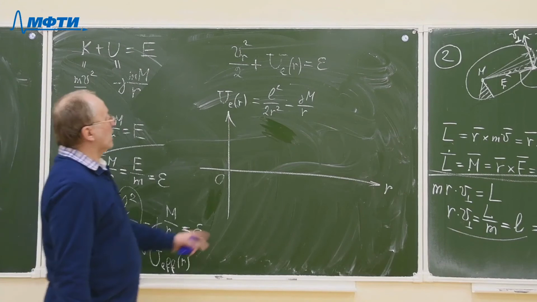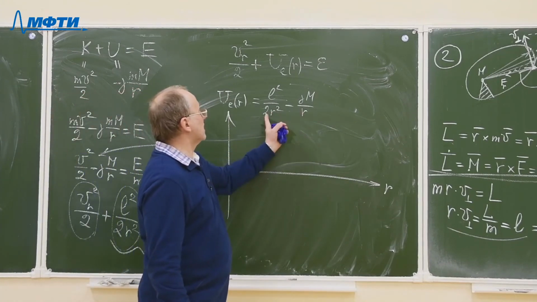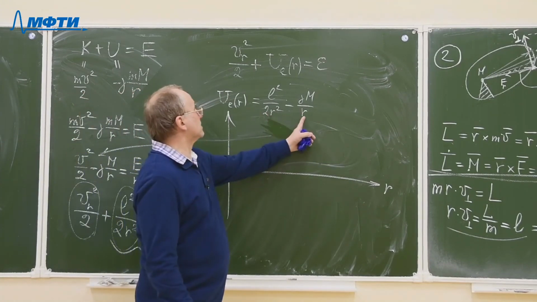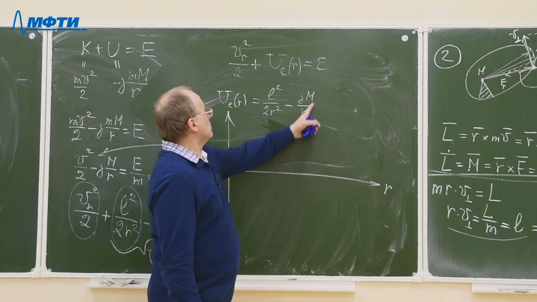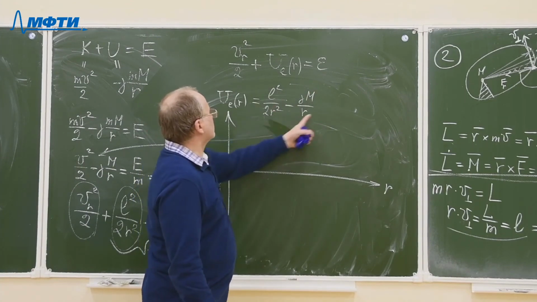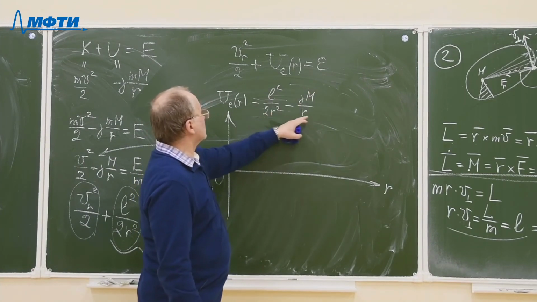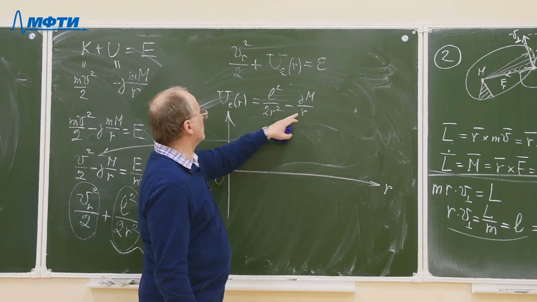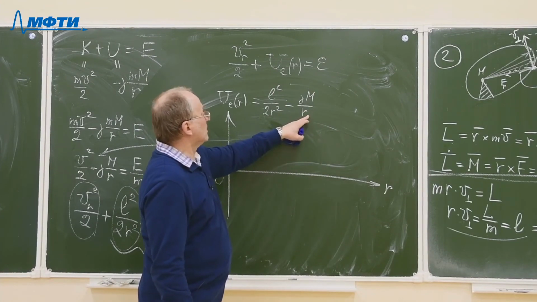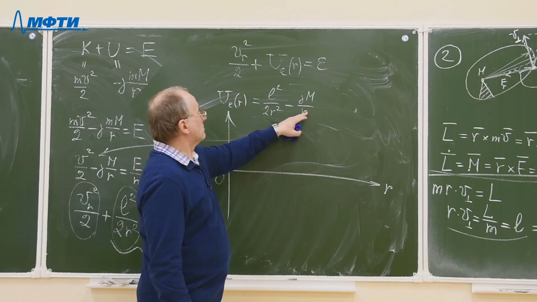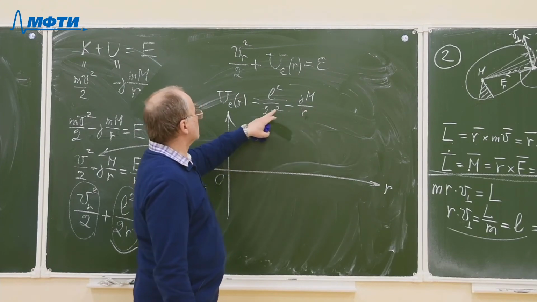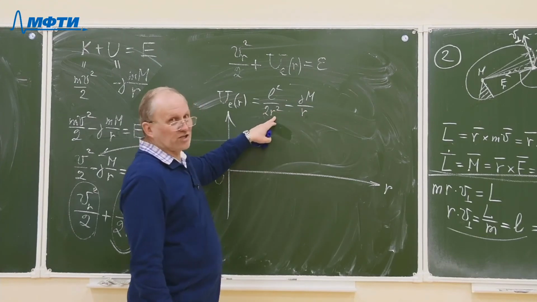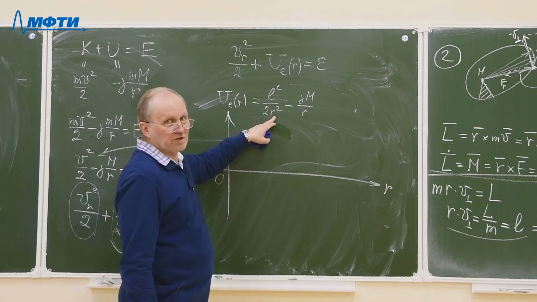What if R is increased? What will happen? If R is increased, then each term will dwindle to 0. Each term will diminish and tend to 0. But when you have R in the denominator, that will diminish slowly. And when you have R squared in the denominator, that will diminish quicker.